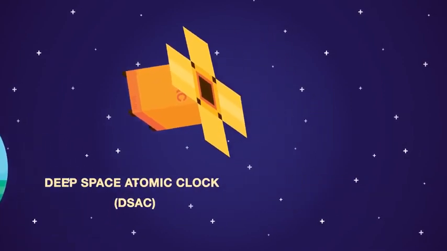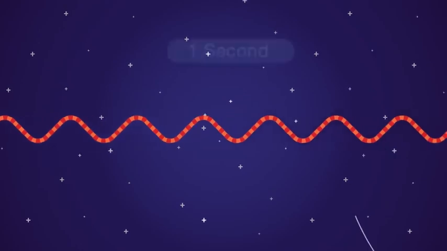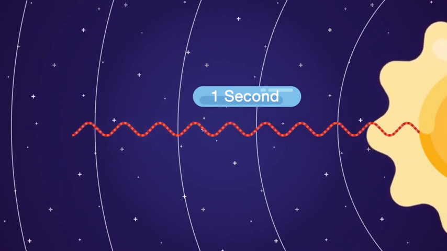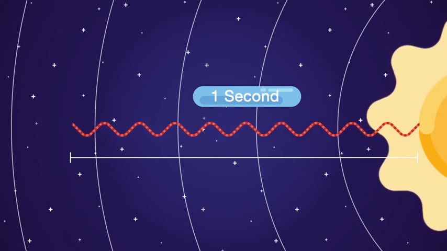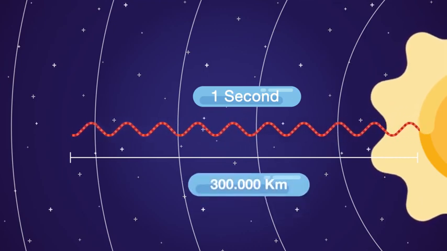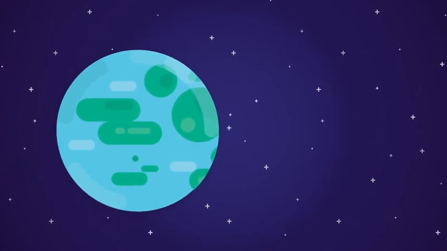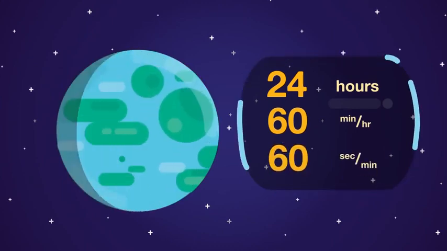A second can also be defined by the propagation of an electromagnetic field. One second is the time needed for an electromagnetic field to propagate within a vacuum to cover a distance of 299,792,458 meters, or around 300,000 kilometers. We also know that a mean solar day is 24 hours with 60 minutes per hour and 60 seconds per minute.